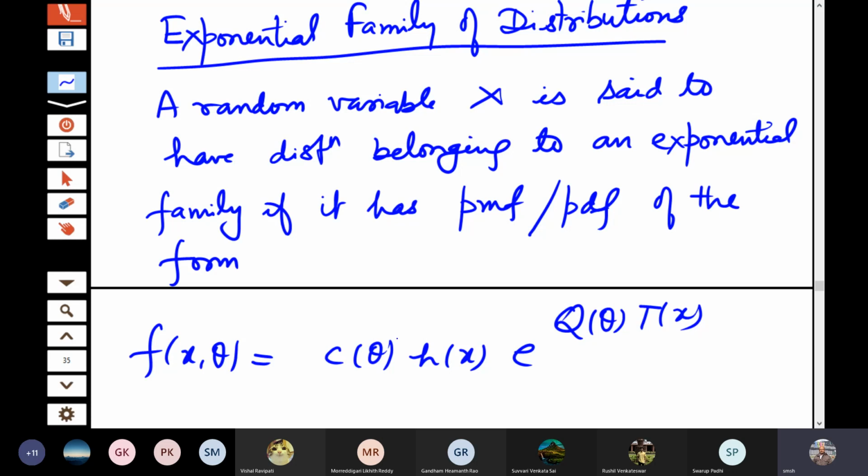So if the distribution can be written in this particular form, that means a function of theta multiplied by a function of variable, then e to the power some term which is again a product of a function of parameter and a function of variable. So this is called a distribution in exponential family.